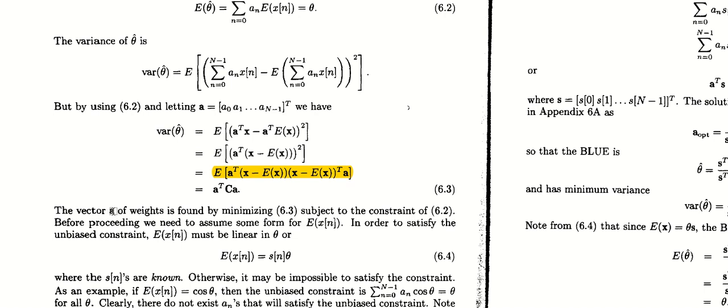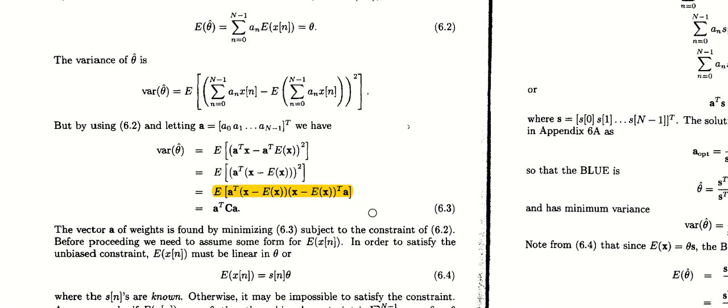So the vector a of weights is found by minimizing this, because we are going to minimize the variance. If you find an a vector that minimizes this, then you get the minimum variance estimator. So we are trying to find an a that satisfies the unbiased constraint and minimizes the variance at the same time.